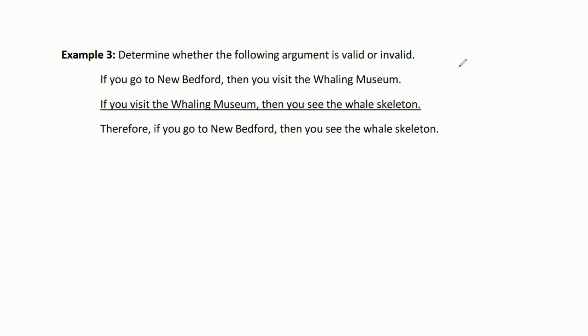So let's look at, we have three different statements here. We have P, you go to New Bedford. Q, you visit the Whaling Museum.